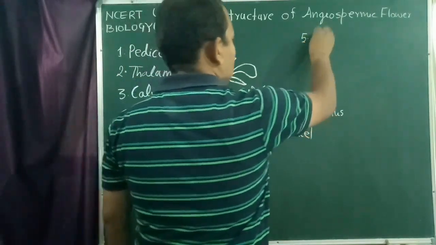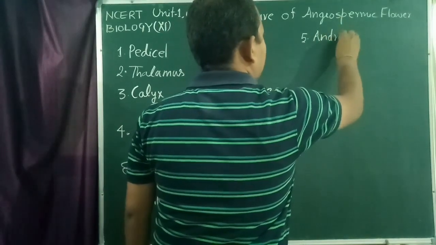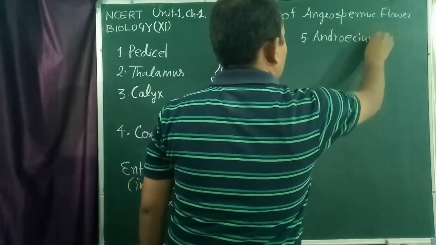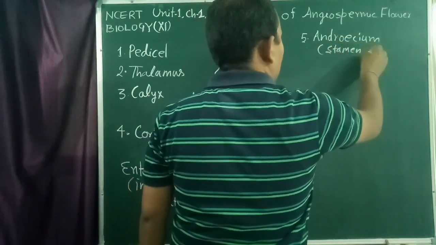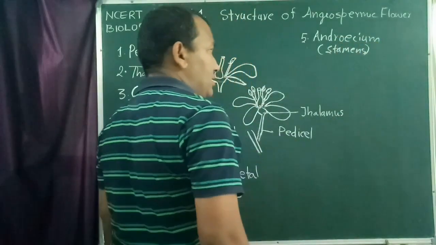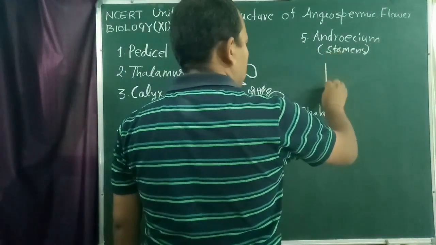Fifth one is androecium. Androecium is a group of stamens. A group of stamens is known as androecium.